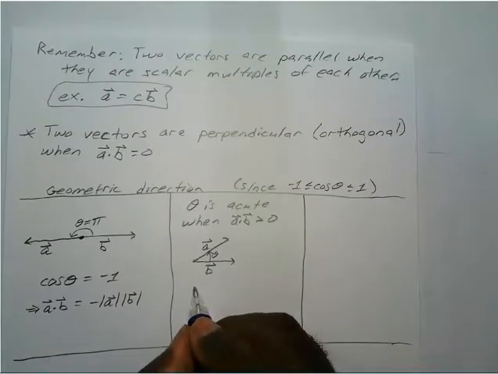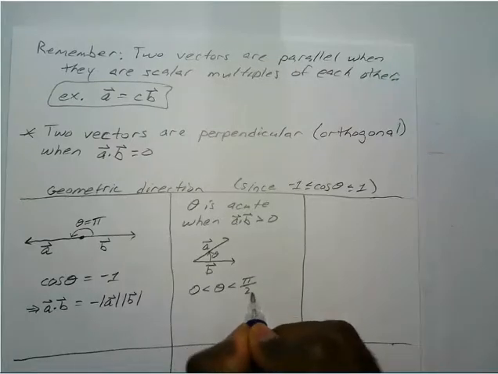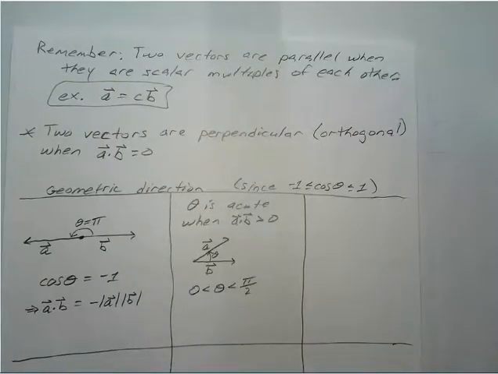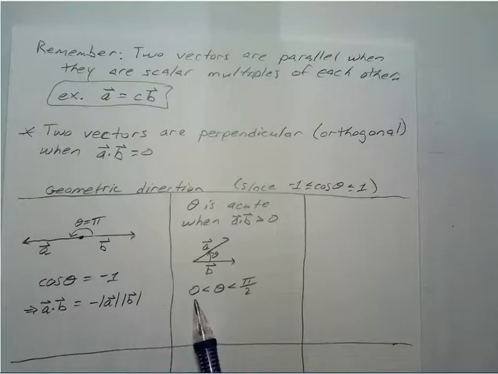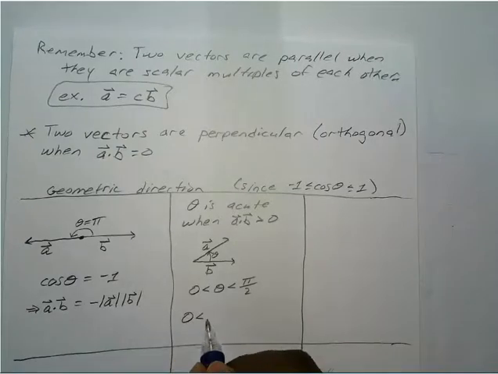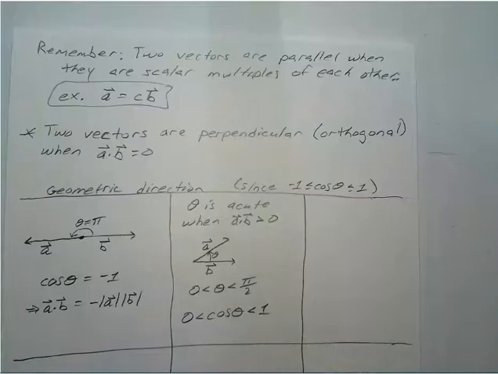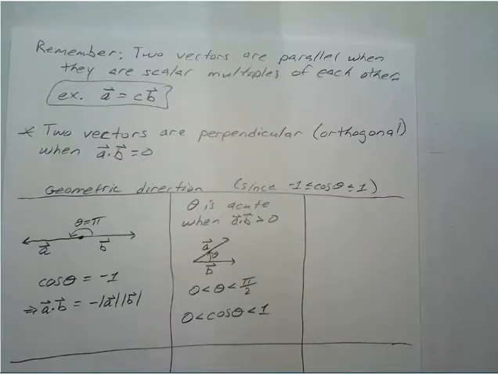So theta is between 0 and pi over 2. Cosine of 0 is 1, and cosine of pi over 2 is 0. That means cosine of theta is between 0 and 1. So when cosine of theta is between 0 and 1, you have an acute angle.